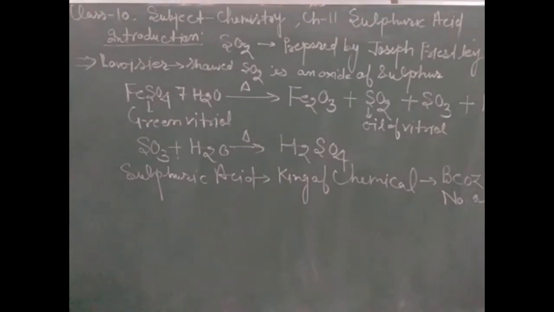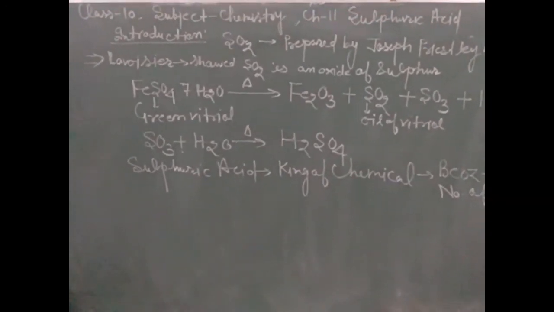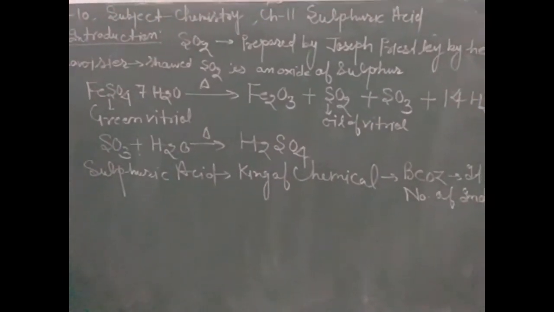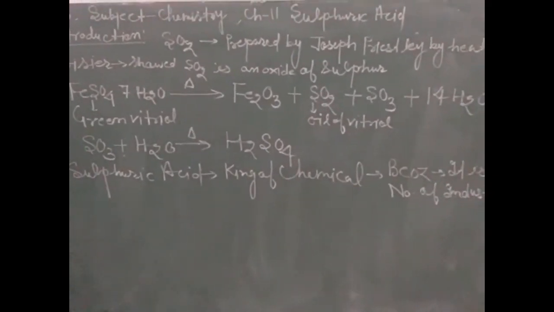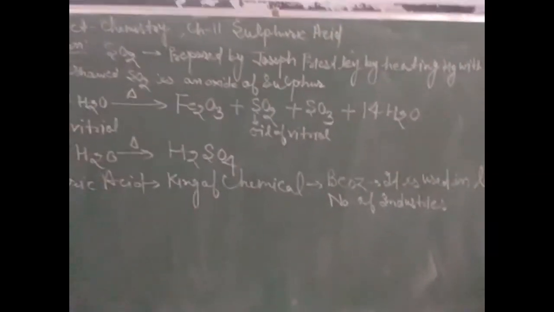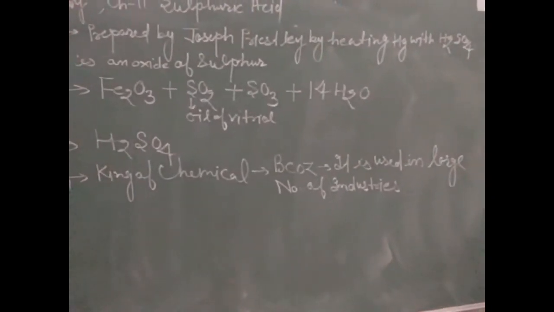As we know, sulfur dioxide was first of all prepared by Joseph Priestley by heating mercury with H2SO4.